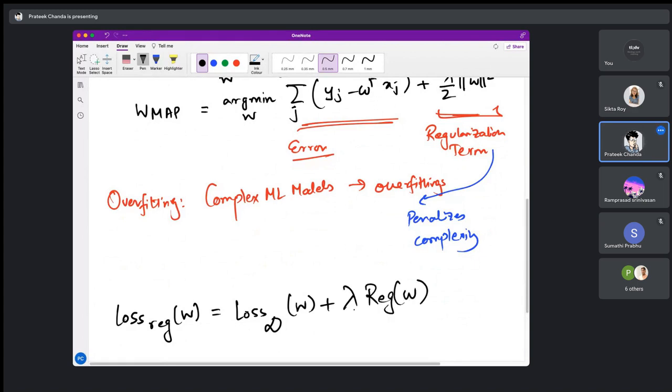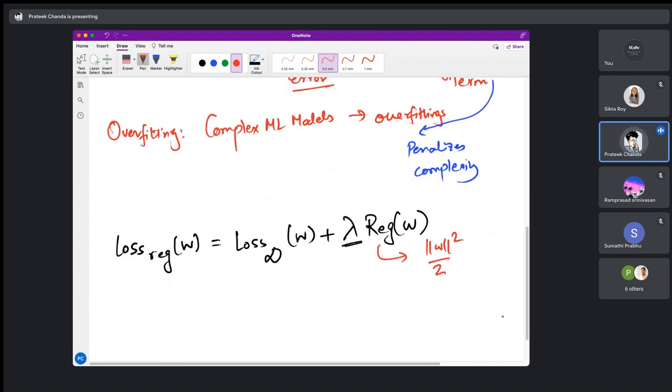Lambda is just a scaling parameter. This regularization function can be thought of as the norm of W squared, divided by 2. I'm just adding a general definition here so that it's easy to understand.